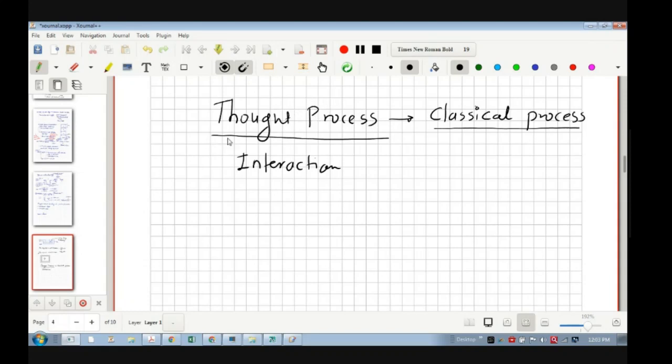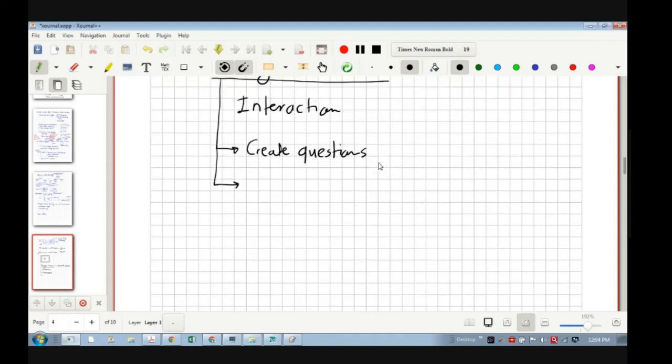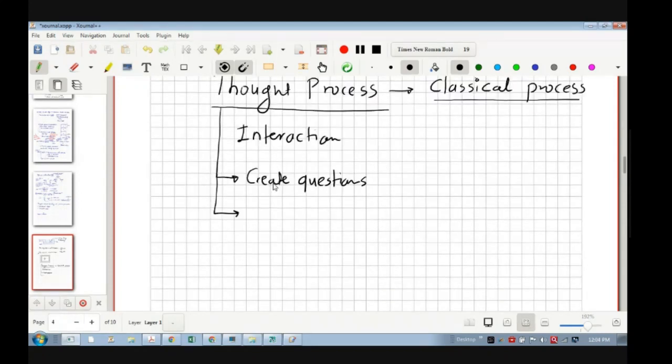So the main part of creating a thought process is to create questions first. I'll just write it down and then we'll close. Creating questions is the first criterion. It is not necessary that you should know everything.